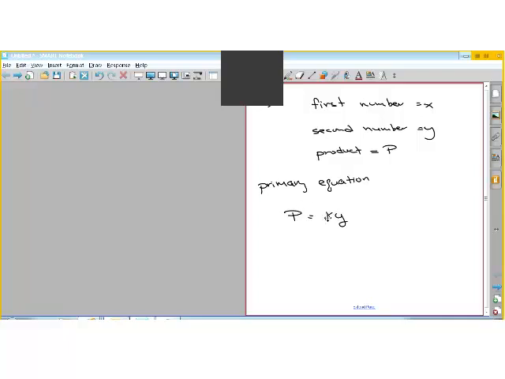So we have two variables though, so again we need a secondary equation to rewrite the primary equation in terms of one variable. So the secondary equation says that the sum of the first and twice the second is equal to 100. That's our secondary equation.